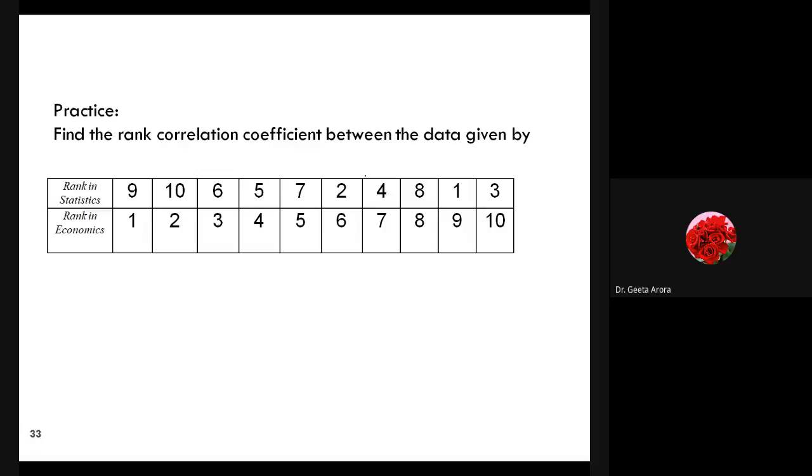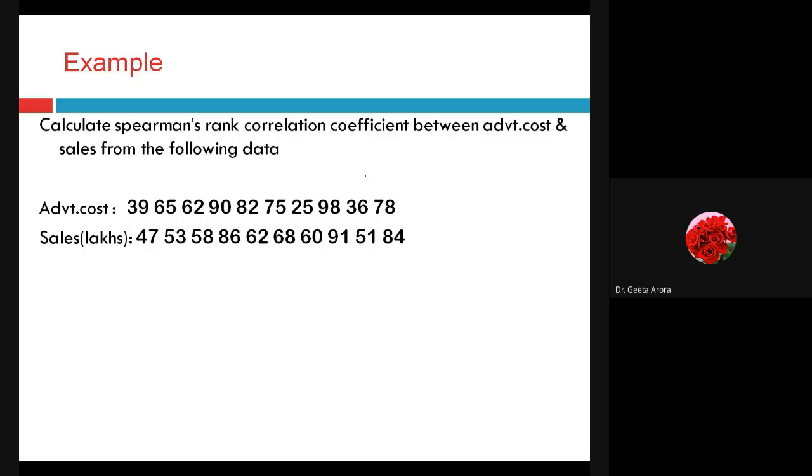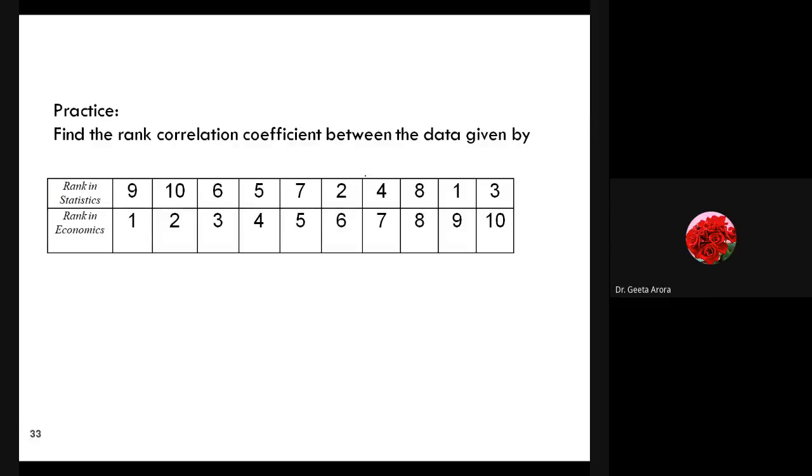Obviously a student may be good in a particular subject, and might be good in another subject or not, because a lot of factors are there: the choice, the teacher, the environment, the practice they are giving. But here we are just looking for the two values that have been provided to us as a rank in the two subjects, and from here we are going to find out the solution.